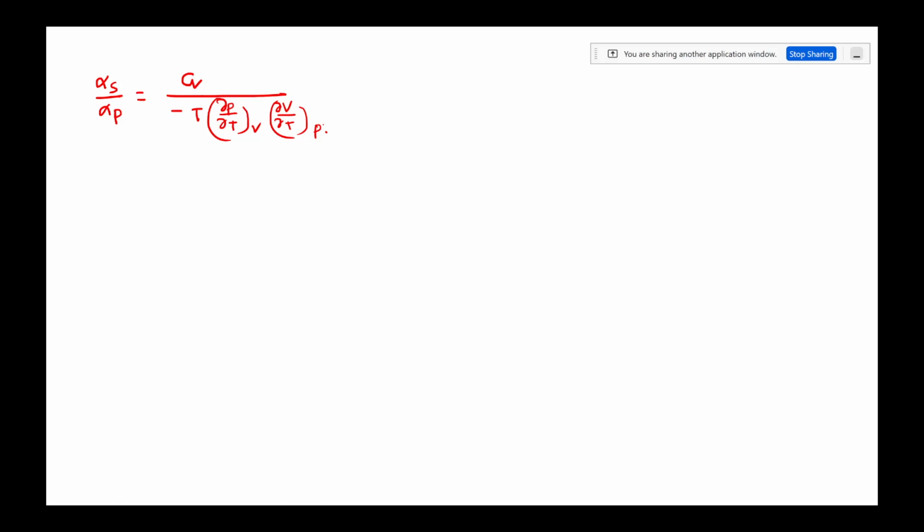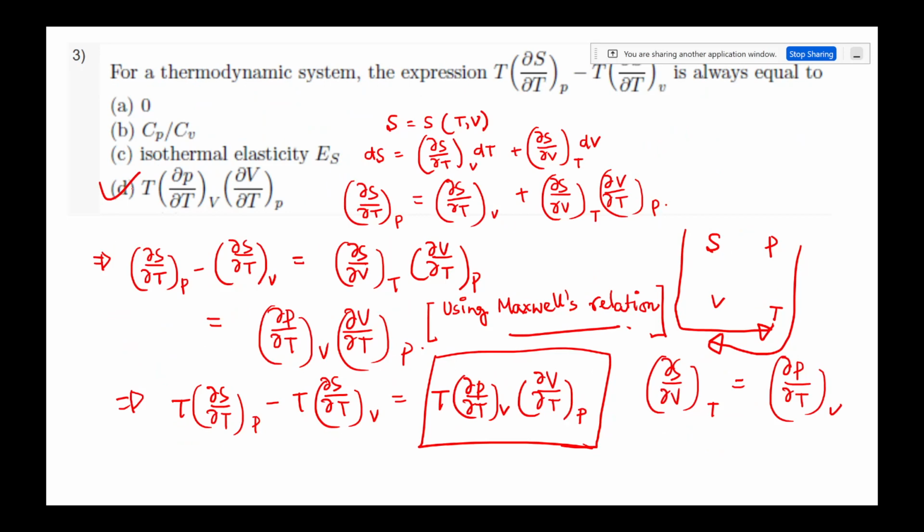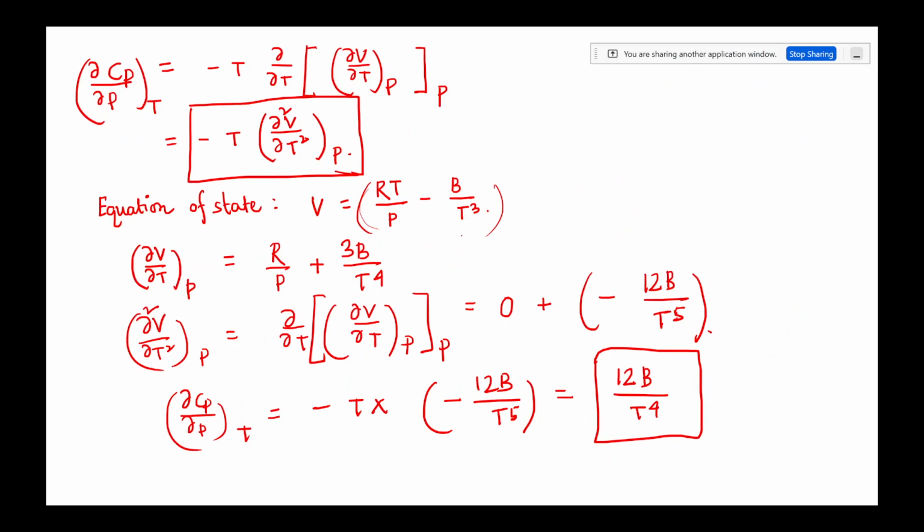So now del P del T at constant V, how can we write this? We know from the previous expression here that T del P del T at constant V times del V del T at constant P is Cp minus Cv, but there is a minus sign, so this will be Cv minus Cp.